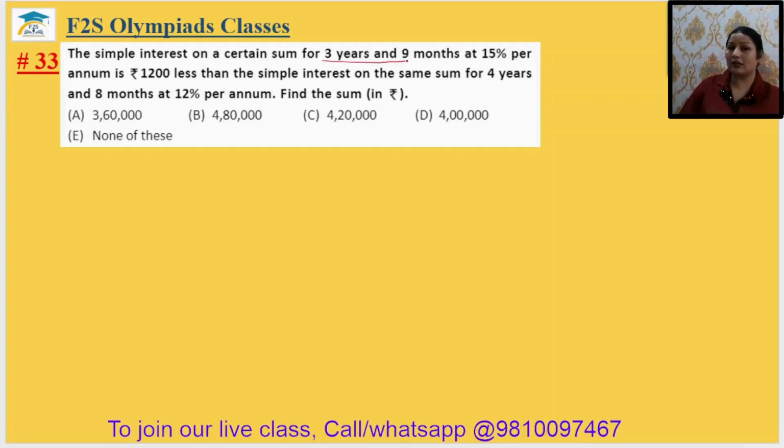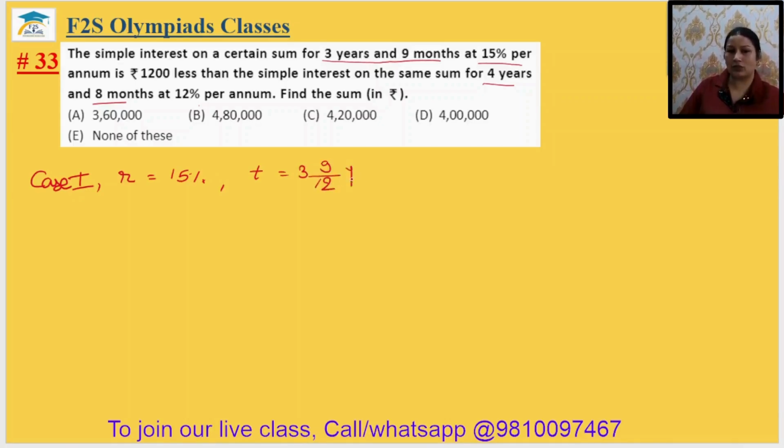Time is 3 years 9 months and interest rate is 15%. In the second case, time is 4 years 8 months and interest rate is 12%. So let's do it by taking case 1 and case 2. First we will take case 1. In case 1 we will take R, the interest rate, equal to 15% and time 3 years 9 months.